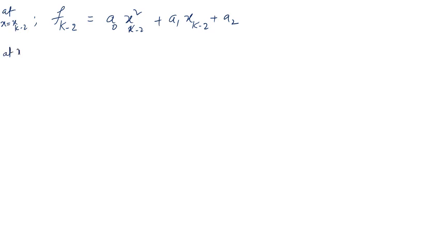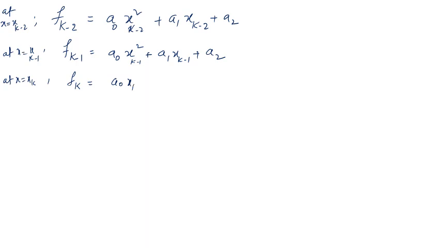Next one, at x equal to xk minus 1, what does this become? The function value is fk minus 1, and if I substitute in the function on the right side, it is a0 xk minus 1 square plus a1 xk minus 1 plus a2. And at x equal to xk, what does the expression become? fk equal to a naught xk square plus a1 xk plus a2.